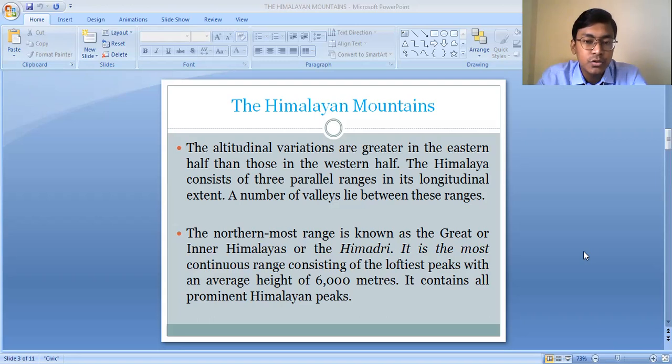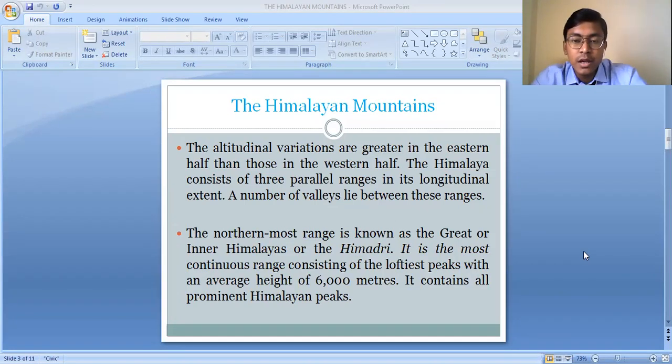We are saying that in the eastern part it is higher because the highest peak of the Himalayas, Mount Everest, is located in this eastern part. Whereas in the western part, the average height is more than 6,000 meters, but the highest peaks are not found in this region.